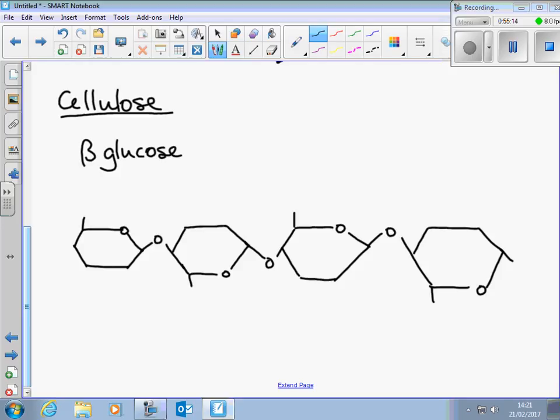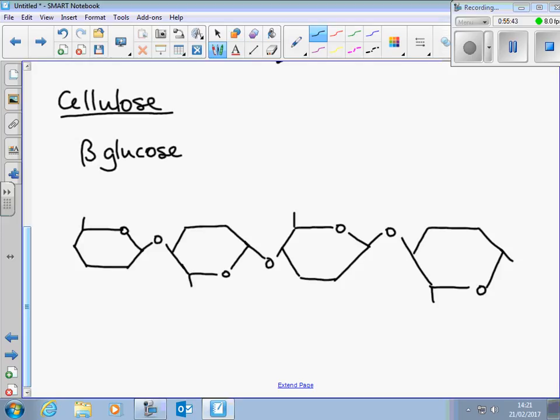But amylose, made from alpha glucose, is not going to give us the same shape as the cellulose. So amylase, that enzyme, won't break down cellulose. You need cellulase. So the enzyme cellulase will actually fit the glycosidic bond between two beta glucose units, and very few living organisms make cellulase.